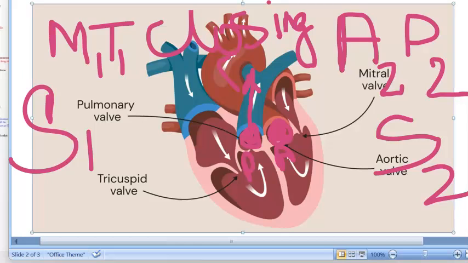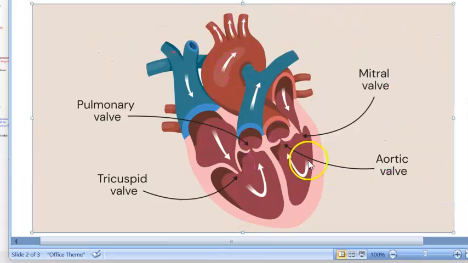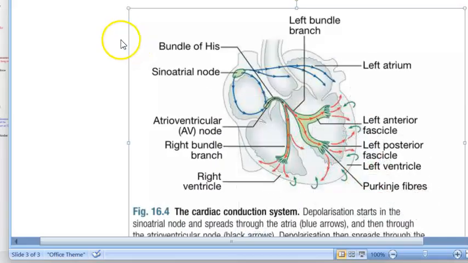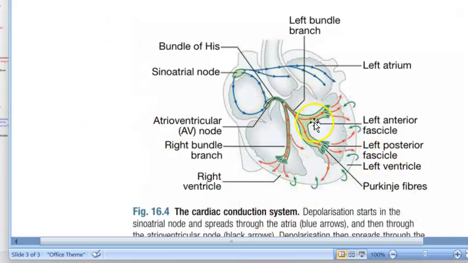Why? Because the left ventricle empties faster. Because if you look at the way the electric conduction happens, look at the electric conduction here. So the left is getting faster, looks like. So what happens? It will squeeze the blood and close the aortic valve faster.